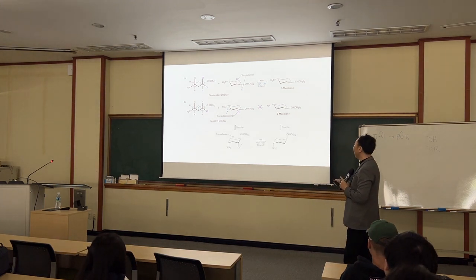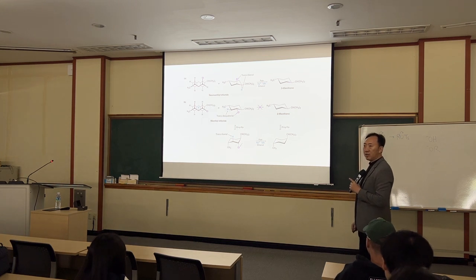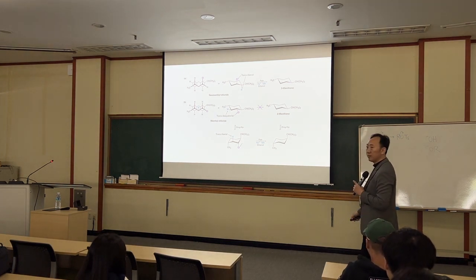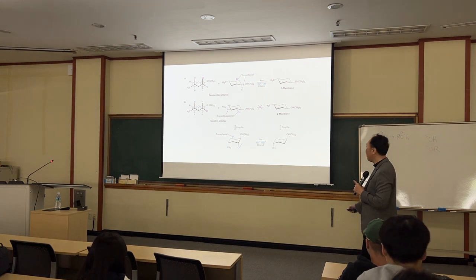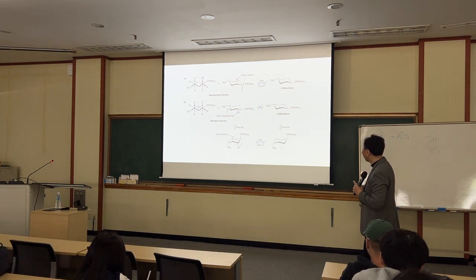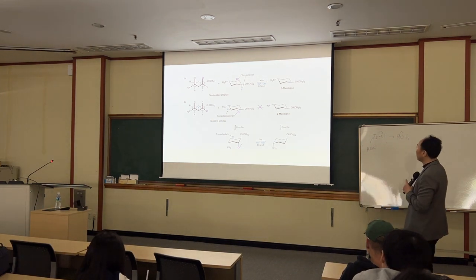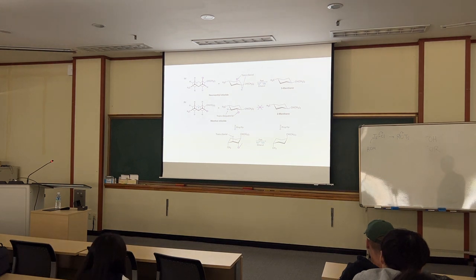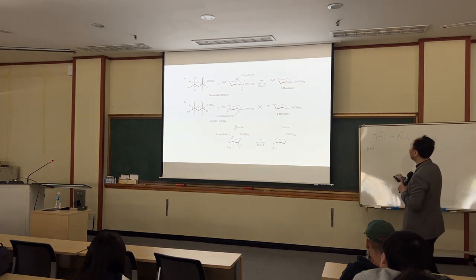But this is not perfectly locking the structure. A small amount of the configuration can change like this temporarily, maybe 1% of the total. And then with this form, attack here, and it can form this product. And it goes back to this.